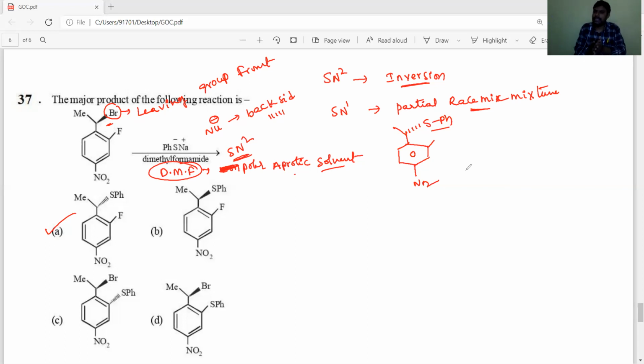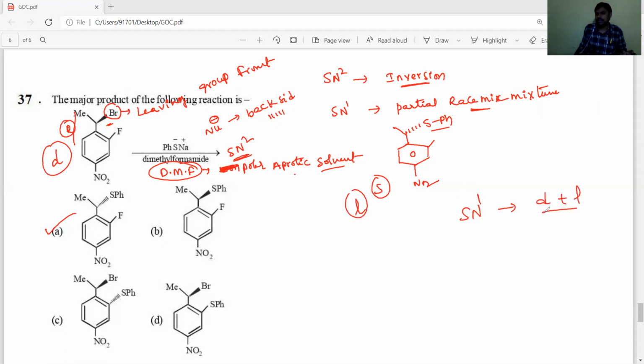Complete inversion product, for example, if this compound is in R configuration and the product is in S configuration, or if this is D then an L product comes. But in the SN1 mechanism both D and L will form, that is a partial racemic mixture. Exactly 50 percent D and 50 percent L means it is a racemic mixture. Unequal quantities means it is a partial racemic mixture. Okay students.